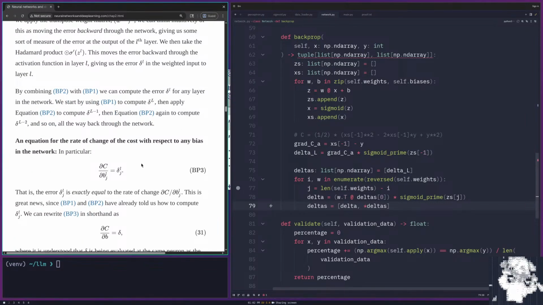Okay, then BP3, an equation for the rate of change of the cost with respect to any bias in the network. So this is what we were looking for. This is one of the outputs of the backprop.